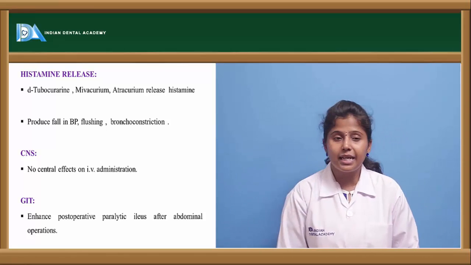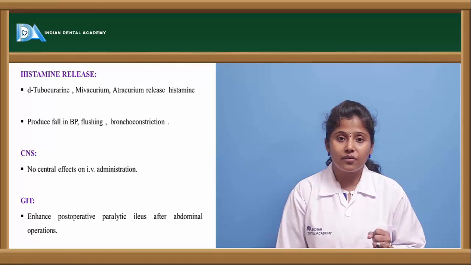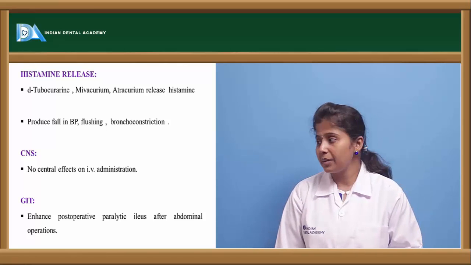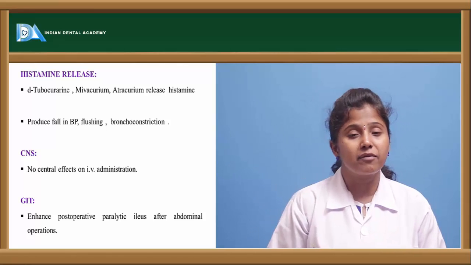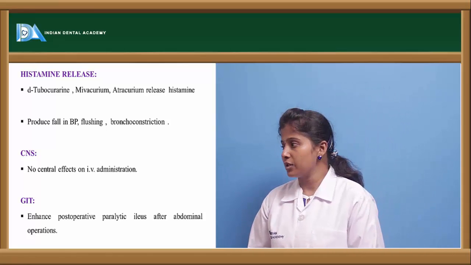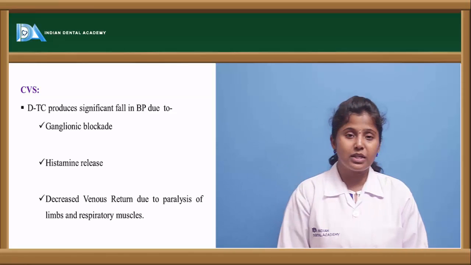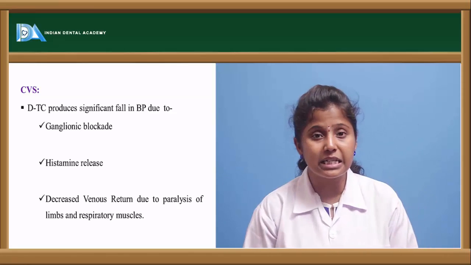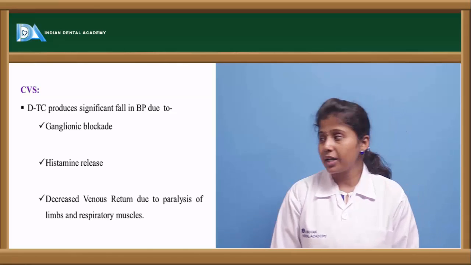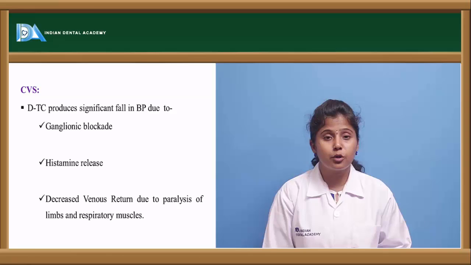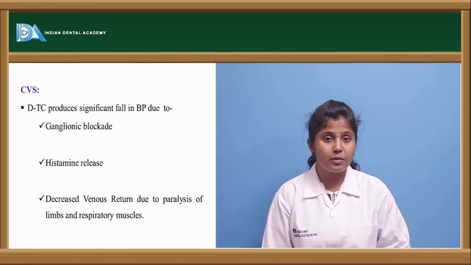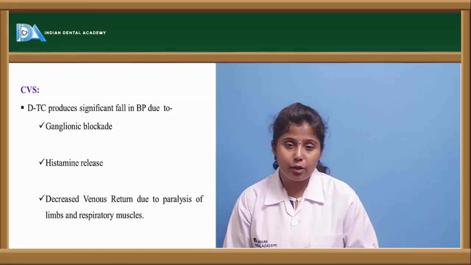And in the GIT, it may cause paralysis of the ileus. In the ileum, it may cause paralysis after abdominal operations. On the cardiovascular system, D-tubocurarine causes a significant fall in blood pressure because of the ganglionic blockade.